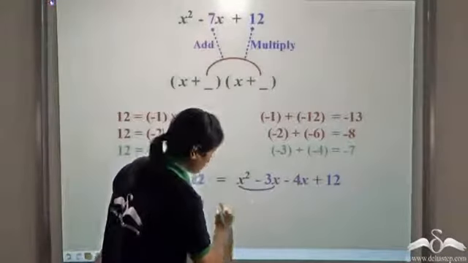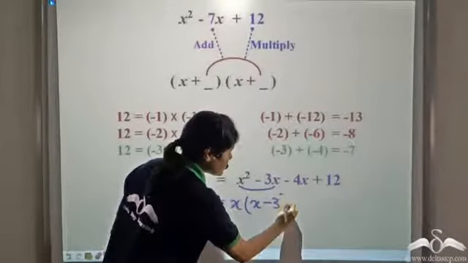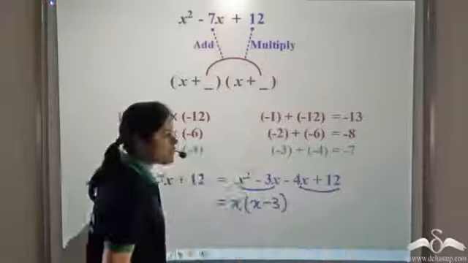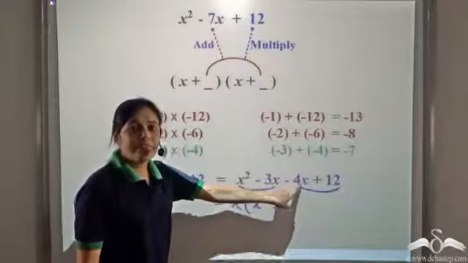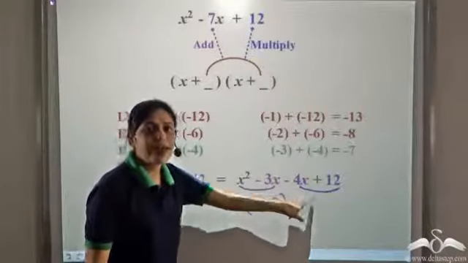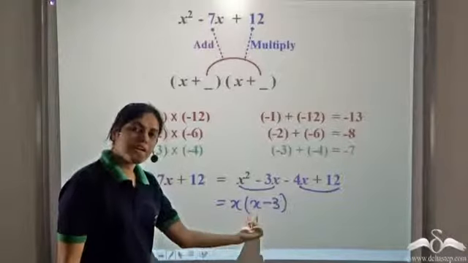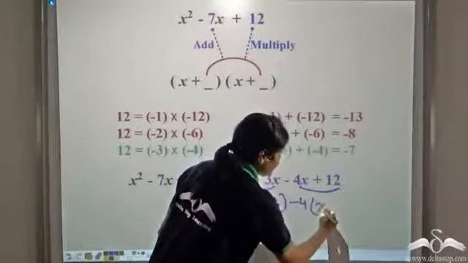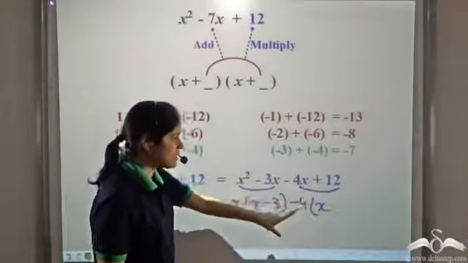So take these two terms, take x common, we get x minus 3. From these two terms, we have 4 common. So should we take 4 common? If we take 4 common, then we will have a negative x inside the bracket, but we require a positive x. So let us take negative 4 common. If we take negative 4, then negative 4 into x is negative 4x.